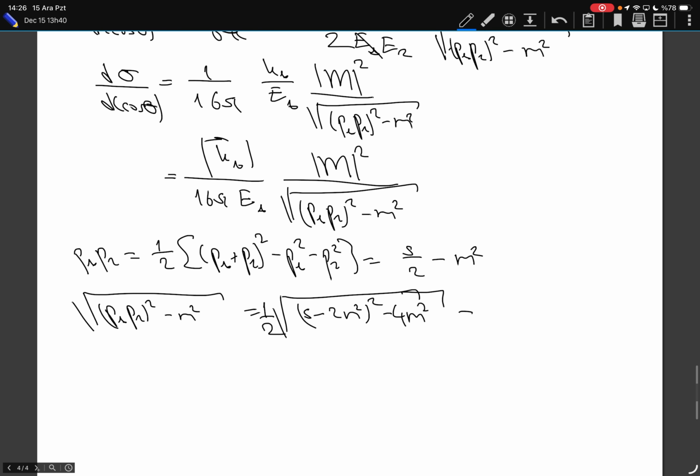Or I can also write it as 1 over 2 square root of s² − 4m²s. So you already see that s has to be larger than 4m². In fact, if you use the definition of s, s is definitely larger than 4m² in any reference frame.